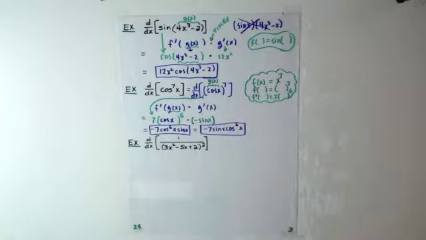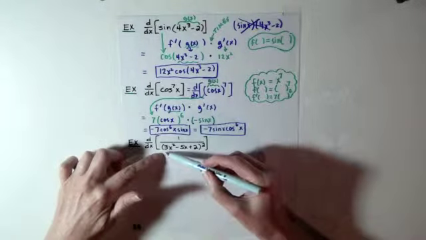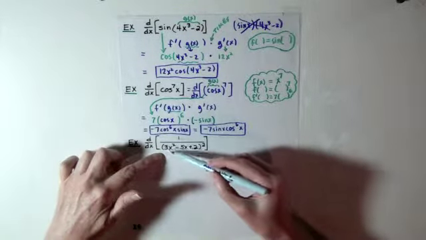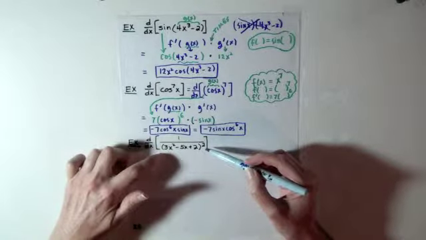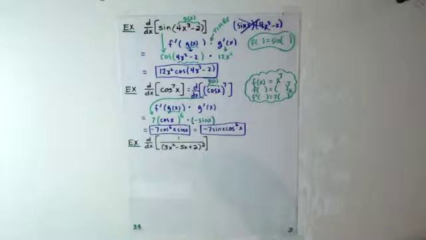Okay, I want us to look at the next example, and the next example is also going to require a little bit of rewriting before we take the derivative. The problem is that although I have some inner function, namely 3x squared minus 5x plus 2 raised to the 2nd, it's down in the denominator of a fractional expression.